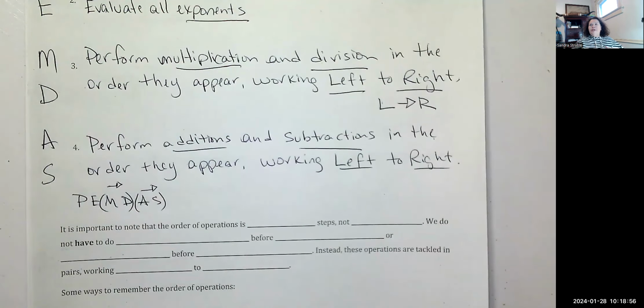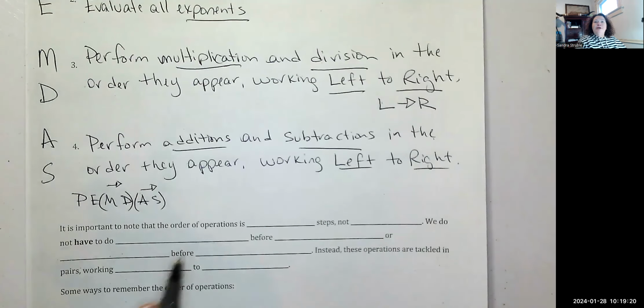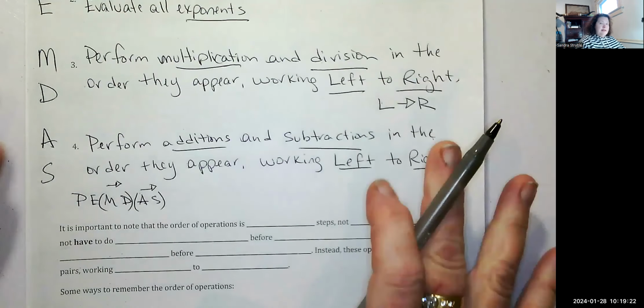For folks who are just learning your order of operations, and honestly, y'all, I'm still teaching this in college algebra. People are still struggling with order of operations. A big part of it is they forget the left to right for the multiplication and division, and then left to right for addition and subtraction. We'll have plenty of options to practice this.